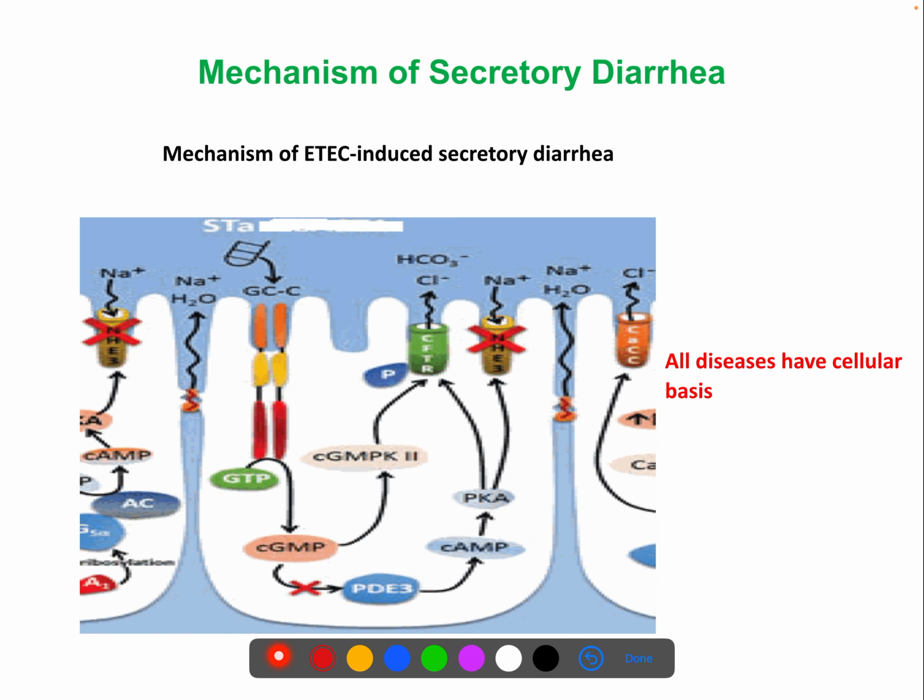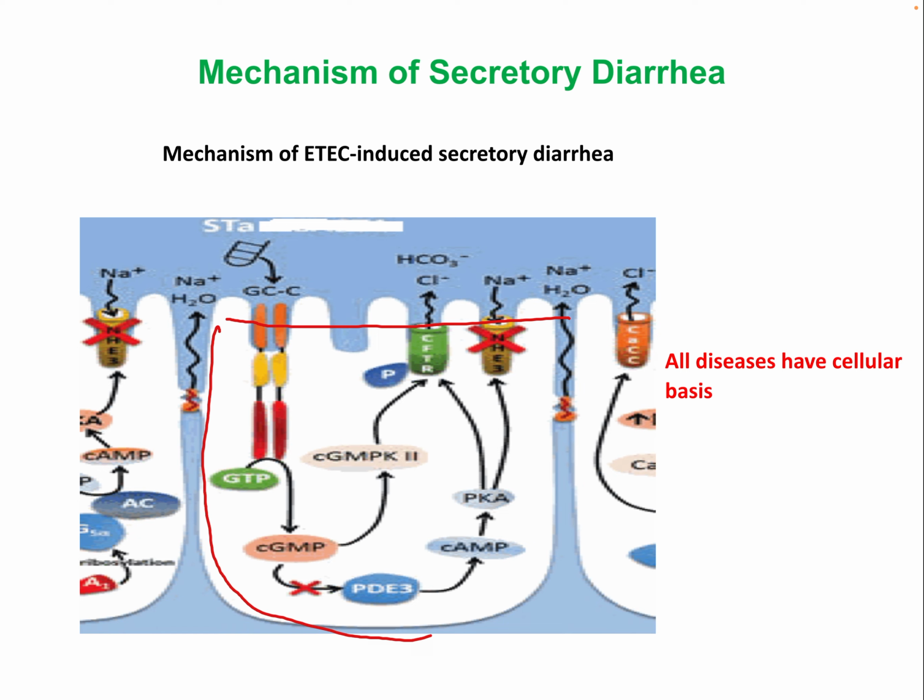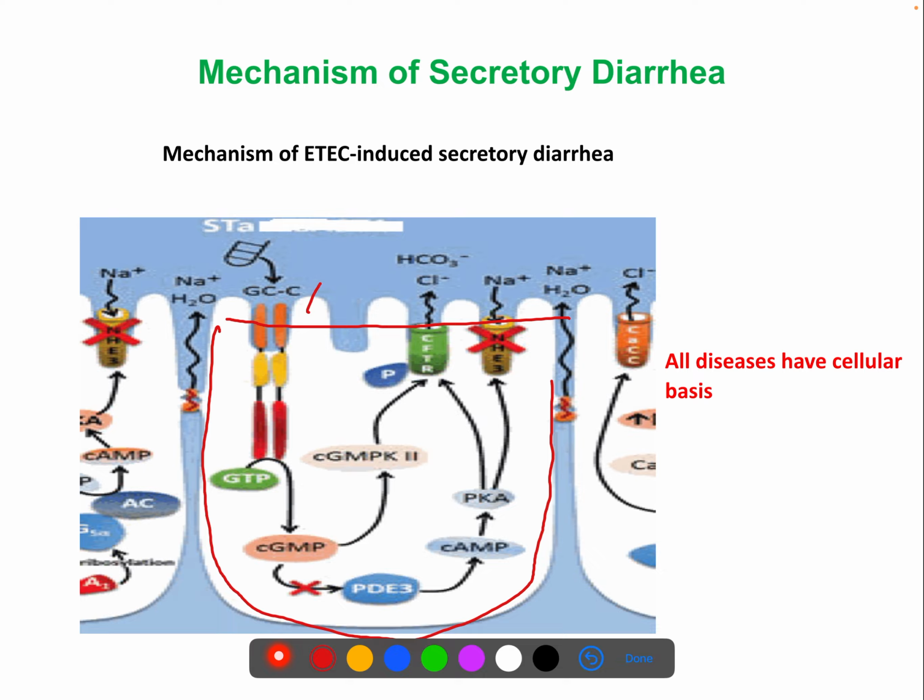Mechanism of secretory diarrhea. Once ETEC is attached, STa toxin binds to guanylate cyclase C receptor on the brush border. So this is the brush border, and this is a single cell. And these are the microvilli.